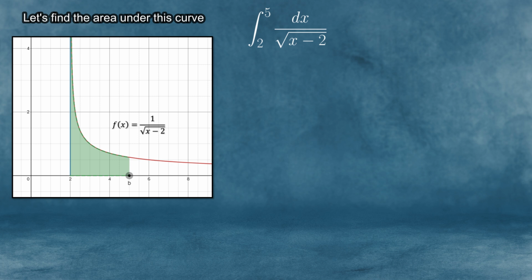But 2 represents an infinite discontinuity, so we need to do the improper integral, meaning that we need to take the limit when t goes to 2 from the right of the integral from t to 5 of dx over the square root of x minus 2.